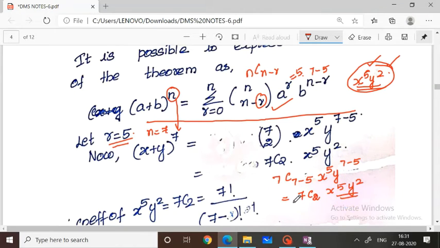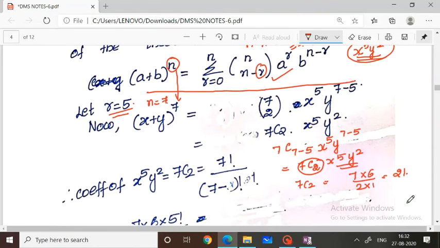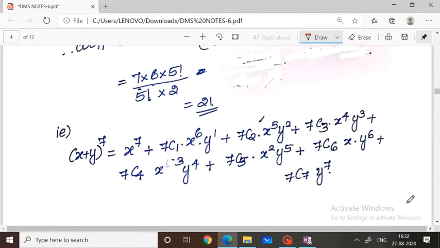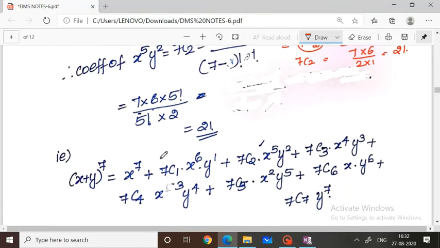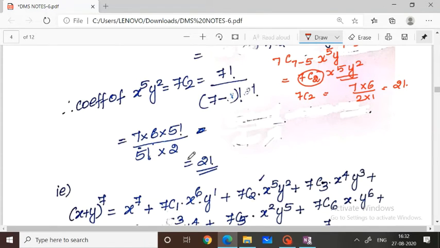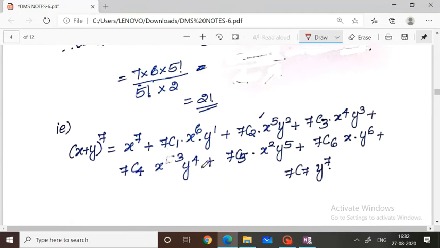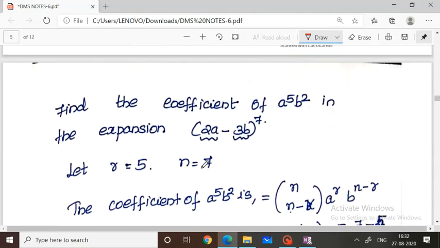Therefore the coefficient of x raised to 5 y square is equal to 7c2, that is 7 into 6 divided by 2 into 1, which is equal to 21. I have just shown the expansion here. If you expand 7c2 you write like this, but without expanding you can write the answer directly as 21 also.